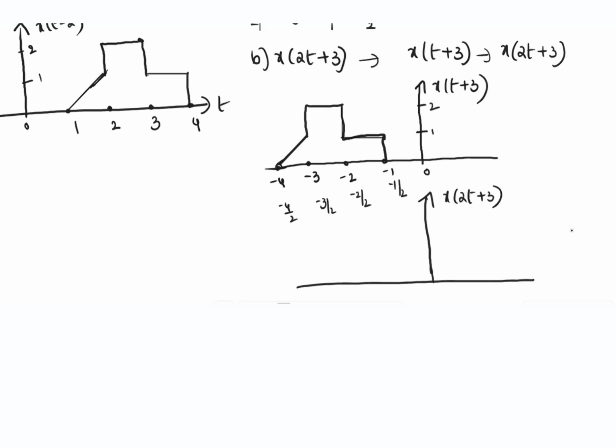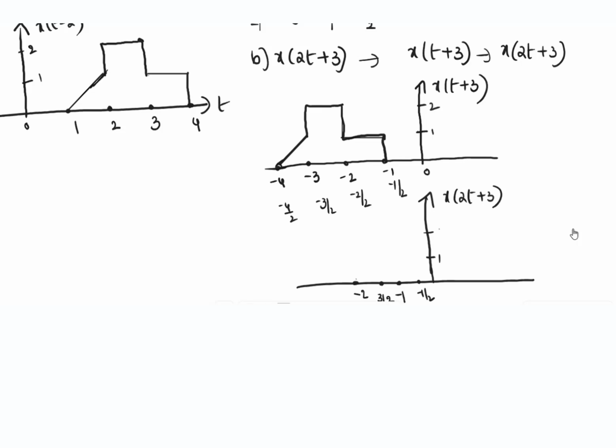Okay. So points ఒకసారి చూద్దాం. Minus 1 by 2, minus 2 by 2 is minus 1, minus 2, and this is minus 2, minus 4 by 2 is minus 2.